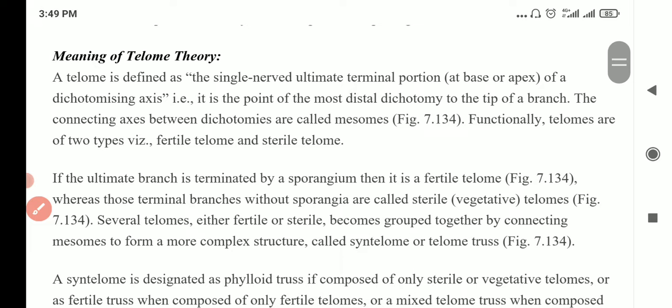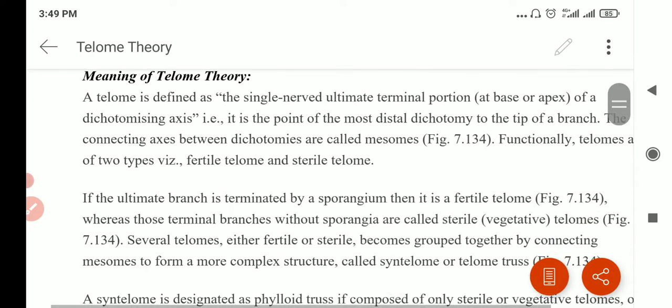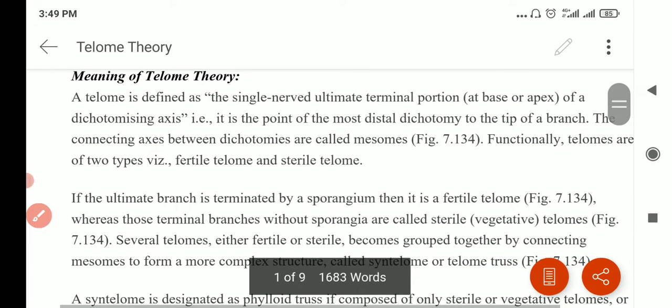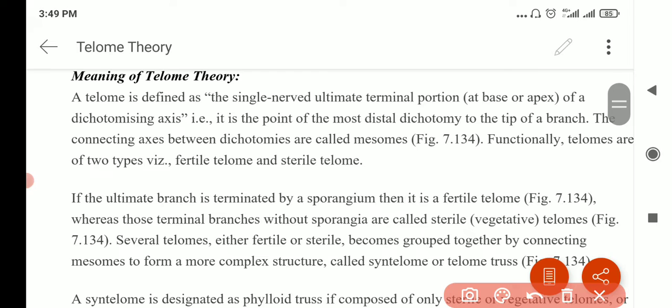So the meaning of telome, it's defined as a single nerved unit, the single nerved ultimate terminal portion of a dichotomizing axis, okay?